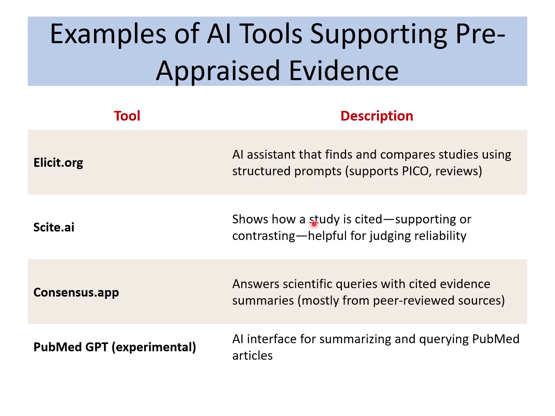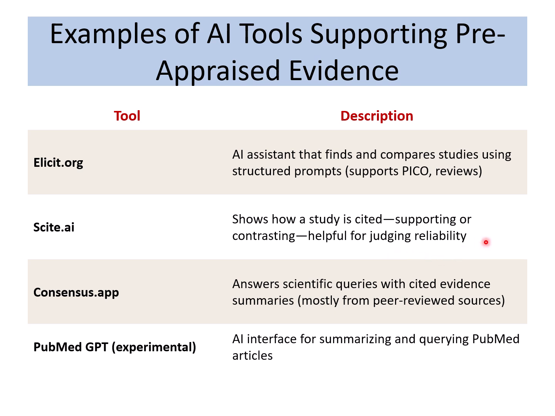So we have AI tools supporting pre-appraised evidence. Elicit.org is an AI assistant that finds and compares studies using structured prompts; it supports PICO and getting a review of a paper. Scite.ai shows how a study is cited, supporting or contrasting, helpful for judging reliability.